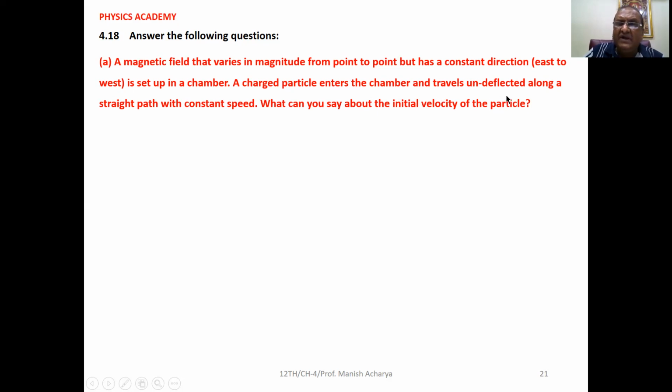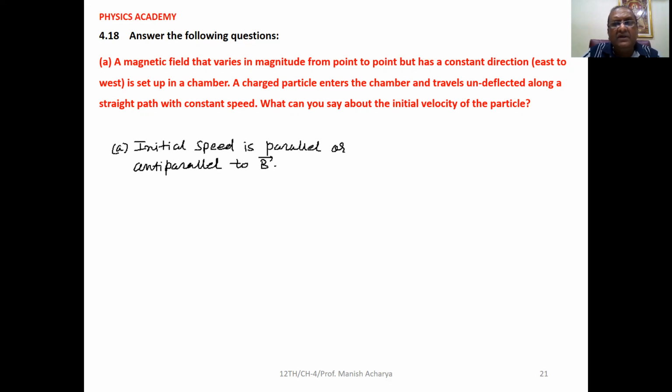So when the charged particle is moving undeflected, it implies that the magnetic force is not acting on it. Now, we know this thing. When any charge Q is moving in the magnetic field B with velocity V, the force that acts on it is QVB sin θ. It means if the velocity and magnetic field are either parallel or anti-parallel, then θ will be either 0 or π.